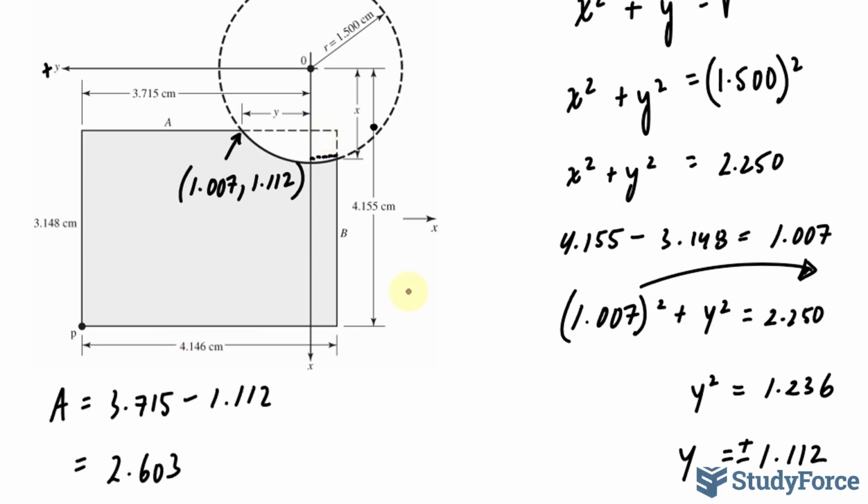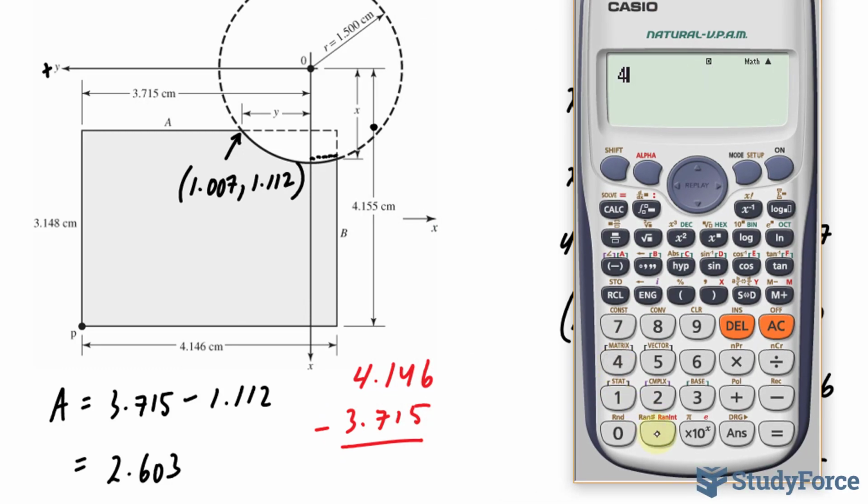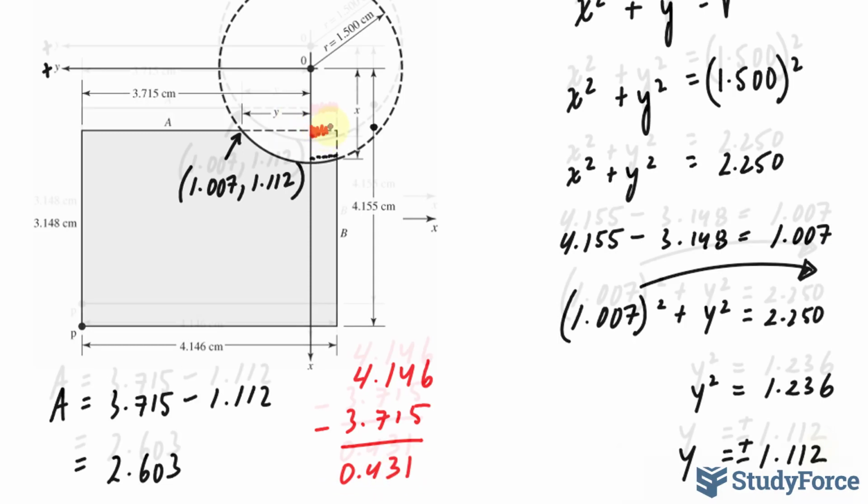So as mentioned, I'll subtract 4.146 from 3.715 using our calculator. 4.146 minus 3.715 gives me 0.431. I just found the length of this part.